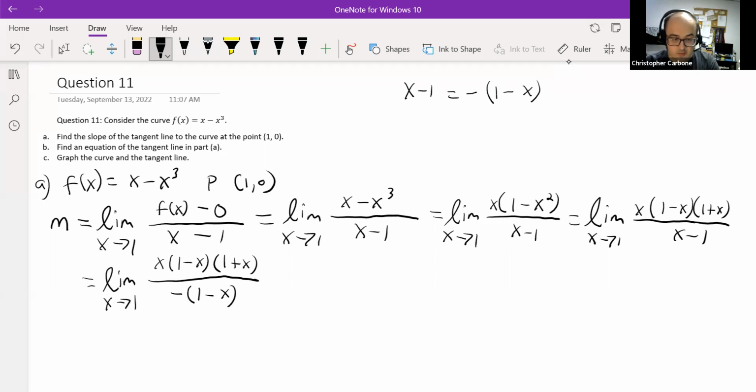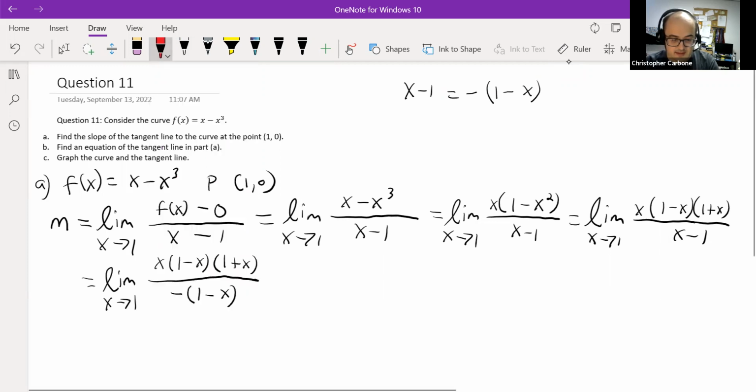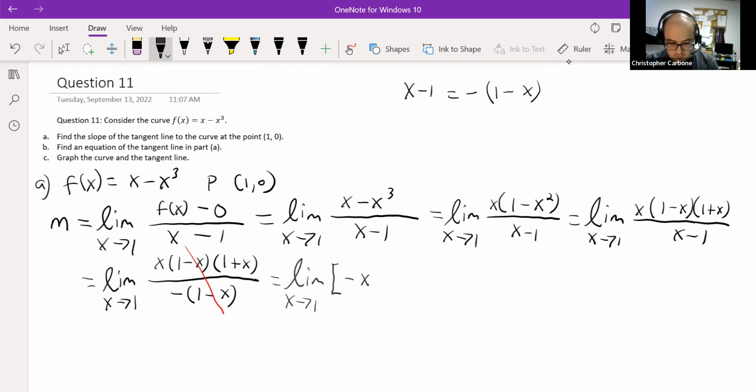So now we can see that we can cancel out the 1 minus x. That would leave us with the limit as x approaches 1 of negative x times 1 plus x.